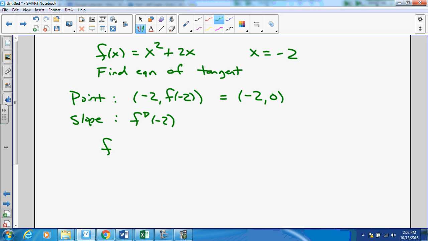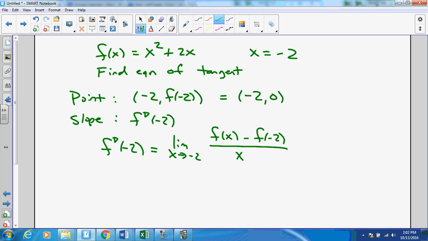So for our slope, using the alternate form, we're going to take the limit as x goes to -2 of f of x minus f of -2 all over x minus 2. Excuse me, x minus -2. There we go.